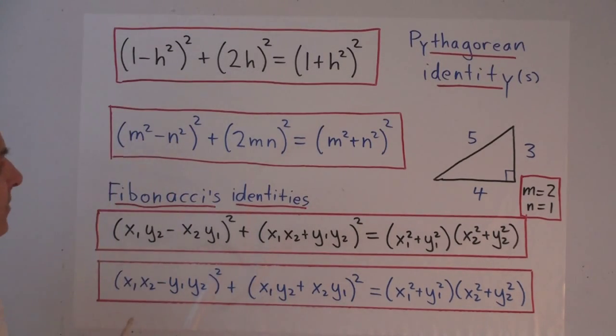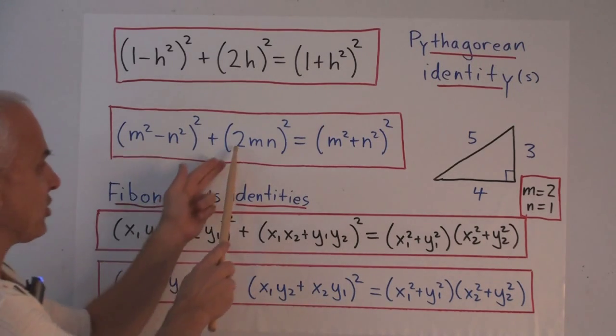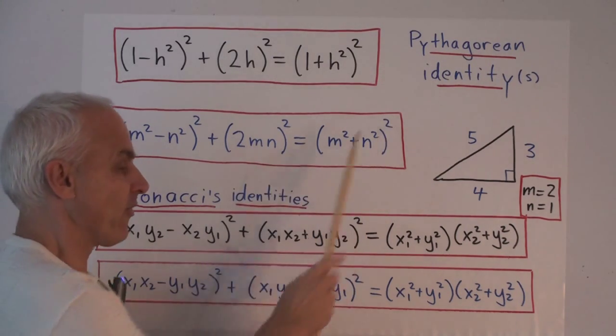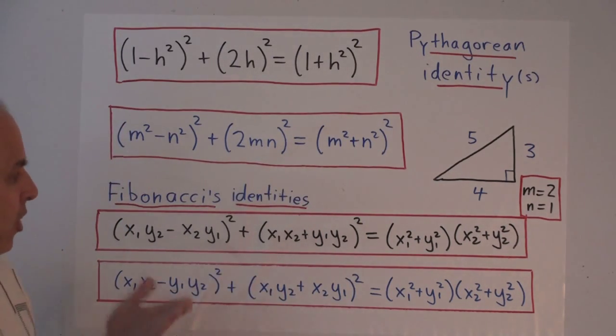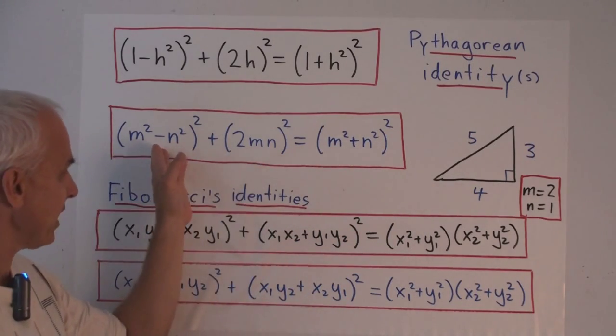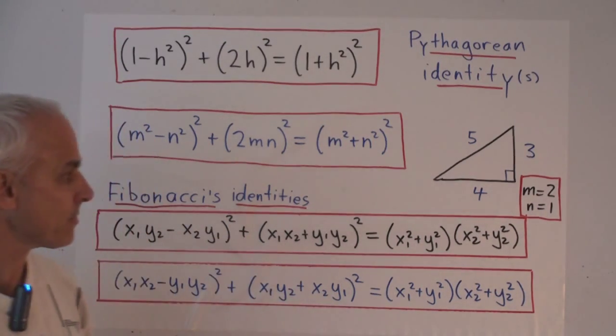Generalization of this is (m squared minus n squared) all squared plus (2mn) all squared equals (m squared plus n squared) all squared. And all students of mathematics should verify this formula by explicitly expanding both sides and showing that they're in fact the same.